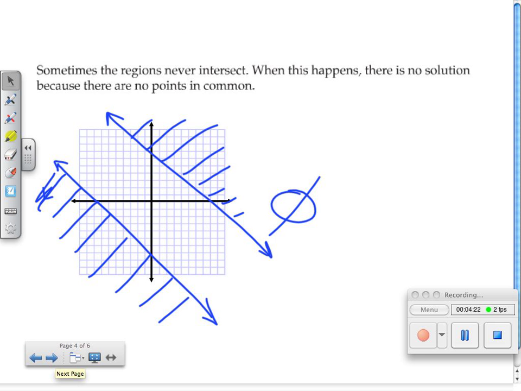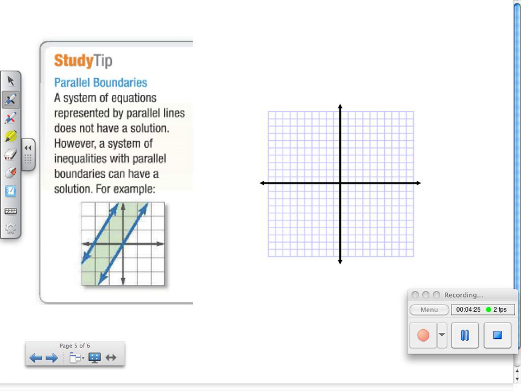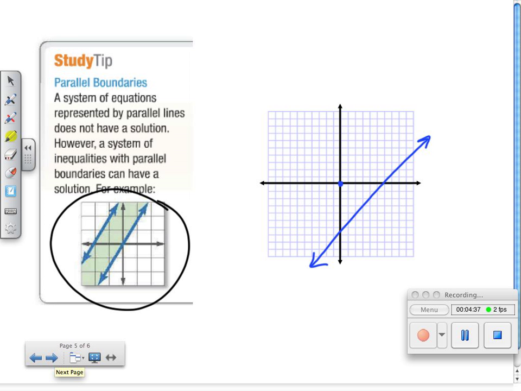note that there are cases of parallel lines where the shaded regions will overlap. For instance, say I had a line here, and here's my origin, and y is greater than 2x plus 7 or something, or -5 looks like. I did a test point, and found that this is what was shaded for that line.